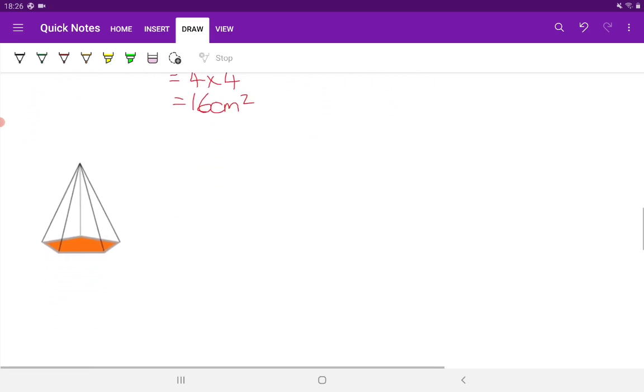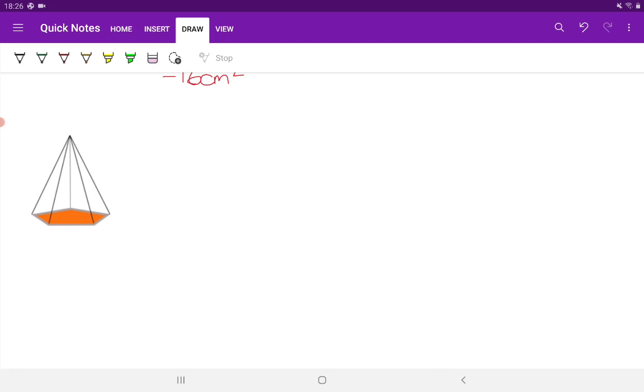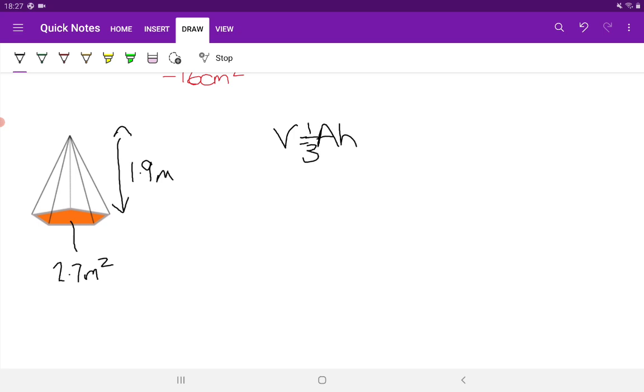Whereas in other questions, like this one where we've got a pentagon on the bottom, we've not looked at a formula for the area of a pentagon, so I would have to tell you that that area is 2.7 square metres, say, and I'm going to tell you that the height is 1.9 metres. Okay, so the volume is going to be a third of the area times the height.